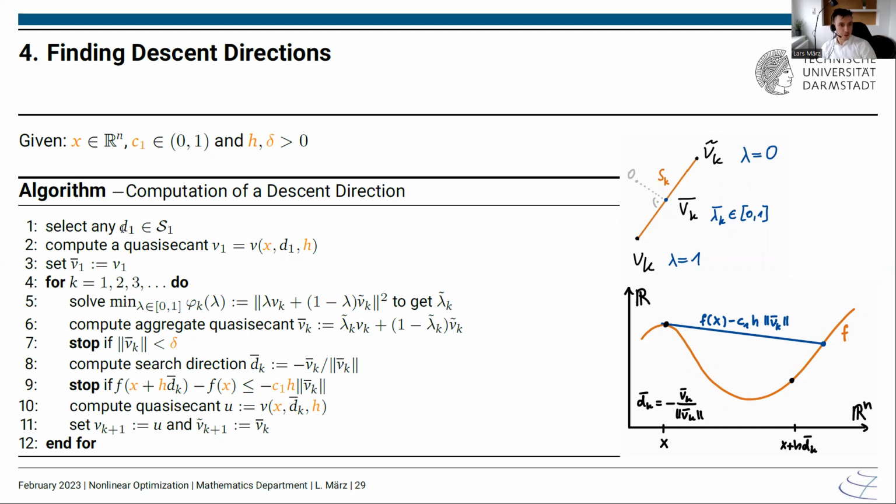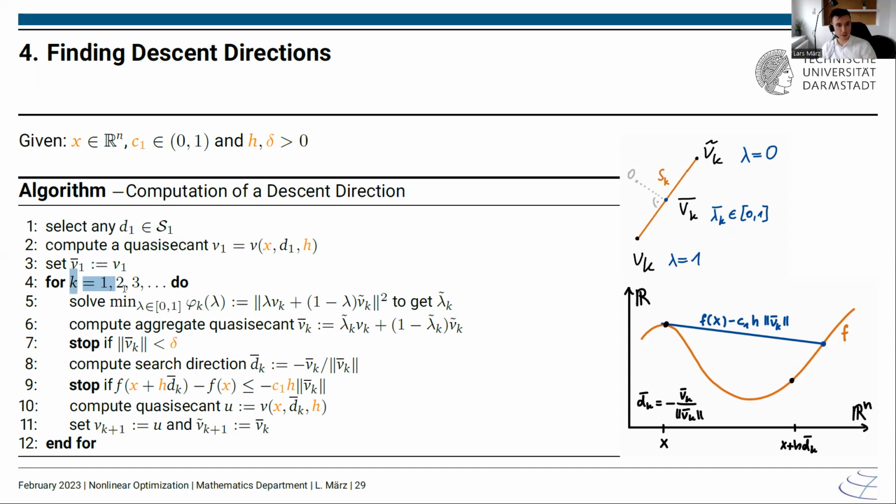So select a direction d1 in the unit sphere and compute a corresponding quasi-secant. Now set v1 bar to v1, which will be some cumulative quasi-secant which takes into account all the subproblems we solve over the course of this algorithm. So right now it's rather uninteresting, but it will become more interesting.